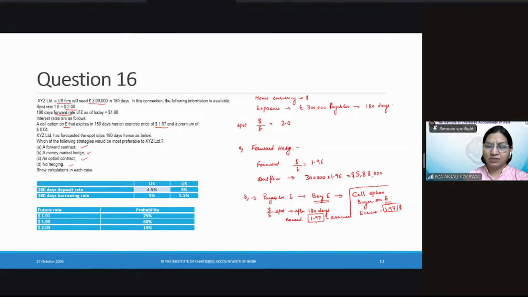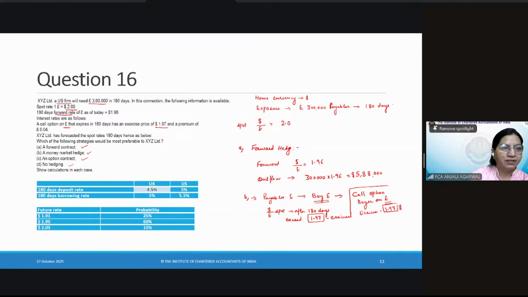So the pound starts being available for 1.98, 1.99, 2.0, 2.01. That means they have become expensive, but because we have already taken a call option, we have the right to exercise this call option after 180 days, and we will be able to get our pounds for 1.97. However, if in the market the price of dollar to pound is less than 1.97, we'll let the call option lapse and will not exercise the call option.